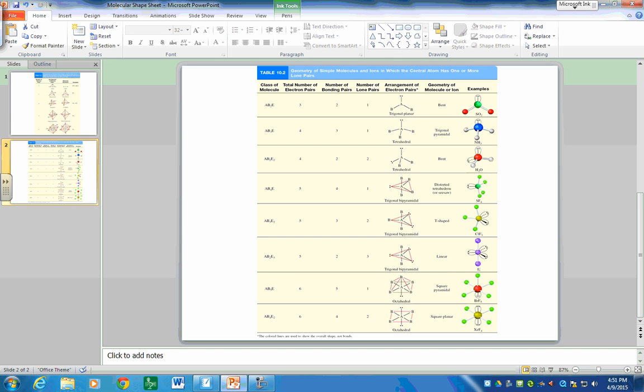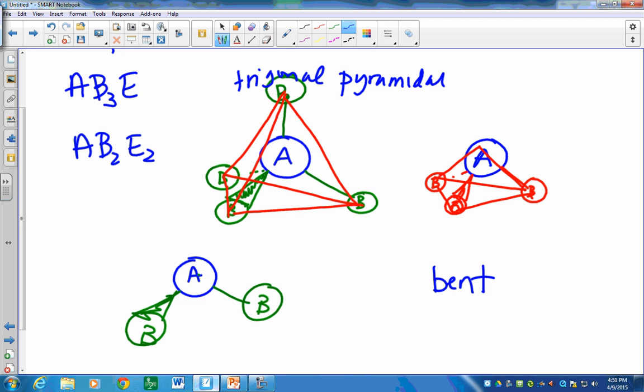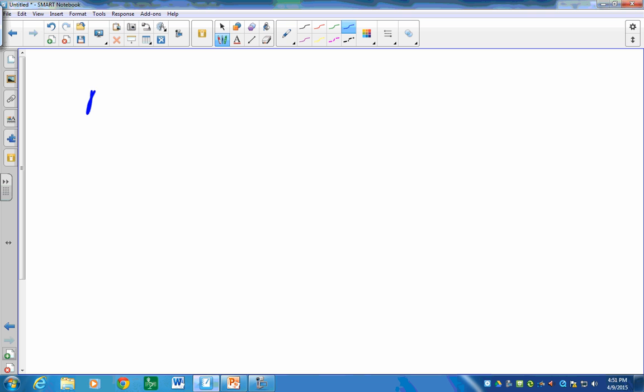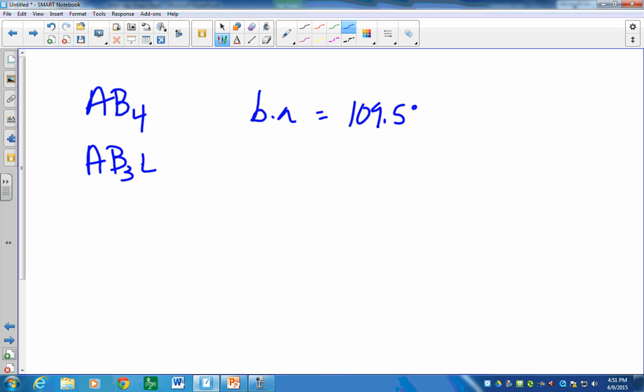So I will summarize them in a minute, but I'm going to go back to here and just do this. An AB4 has a bond angle of 109.5. An AB3E has a bond angle of approximately 109.5.